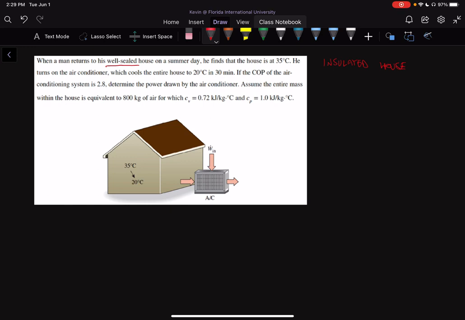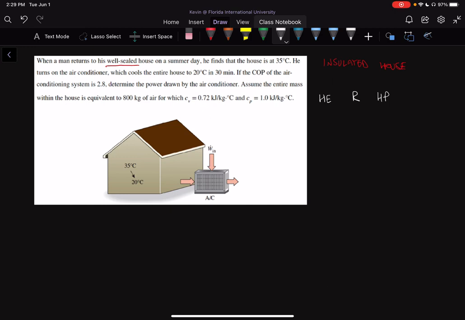The first thing we have to figure out is, are we dealing with a heat engine, a refrigerator, or a heat pump? Well, since we have an AC system, our goal for an AC system is to keep our air cool.